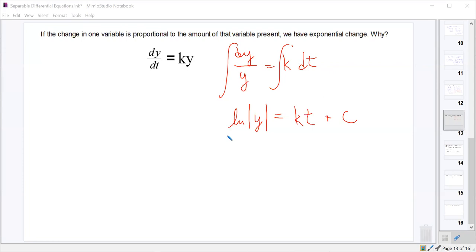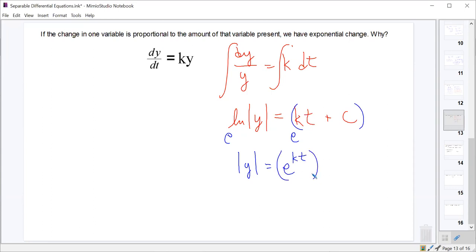Exponentiate both sides. Yeah, so e to the natural log of absolute value y just gives us absolute value y, and e to the kt plus c, we can separate that out as e to the kt times e to the c, kind of like we did with a couple of those other problems the other day. Good or no?